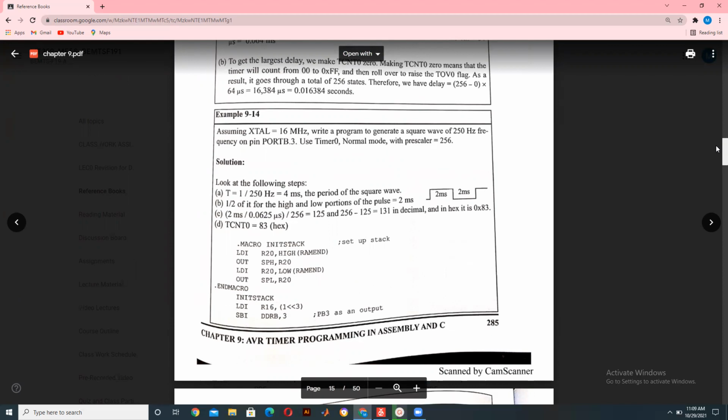It is 4 milliseconds. Then we divide by 2 because we need a square wave pulse, so it's 2 milliseconds. Then we divide by 0.0625 microseconds, which is due to the 16 MHz frequency, and then divide this whole answer by 256. We get 125, then 256 minus 125 is equal to 131 in decimal, and in the hex value it's 0x83.